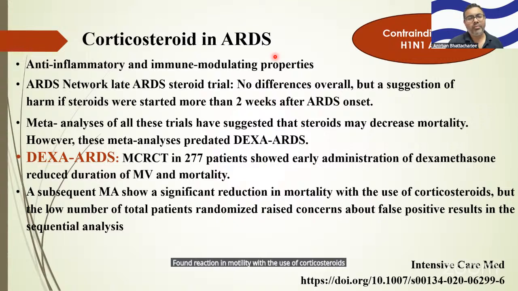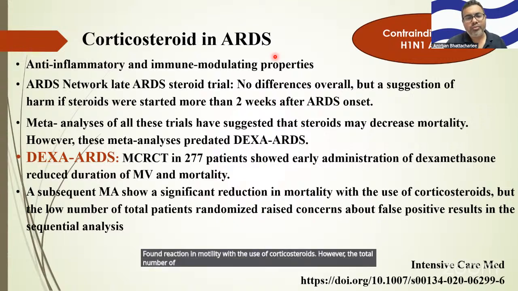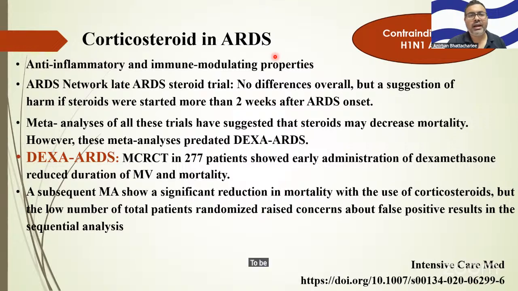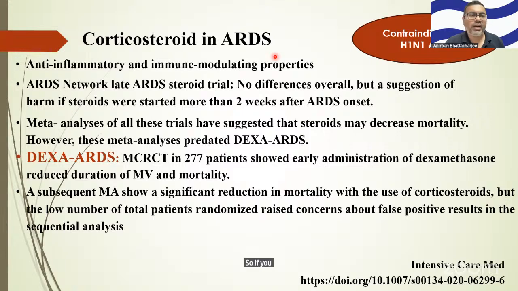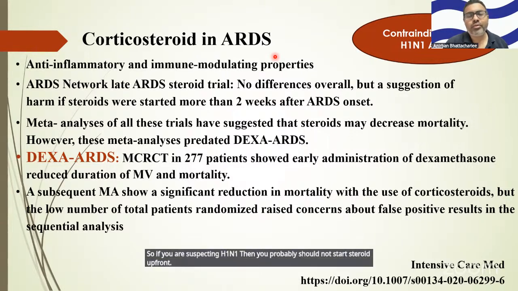However, the total number of patients included in these randomized trials was small, and this is an area which needs further research. One thing is for sure, and it is the most important to remember: we should not give steroid to H1N1 ARDS. The use of steroid in H1N1 ARDS was found to cause increased harm. So if you are suspecting H1N1, then you should not start steroid upfront. Wait for the H1N1 report.